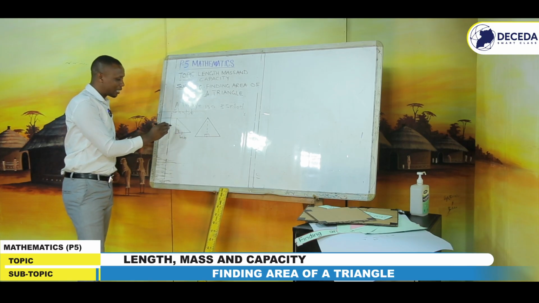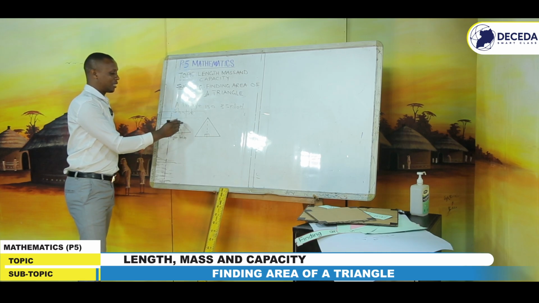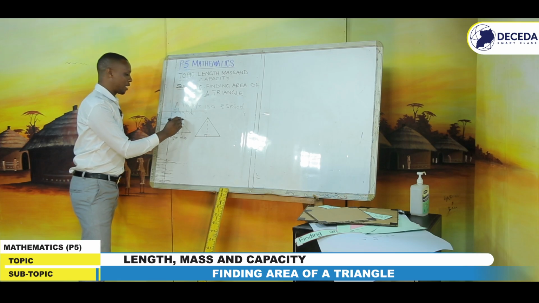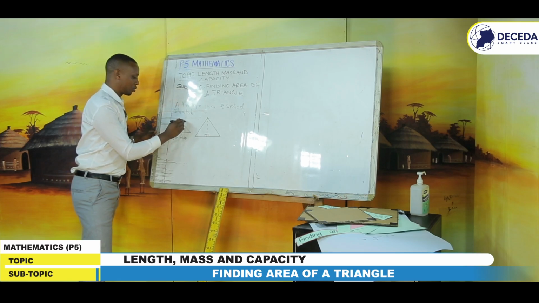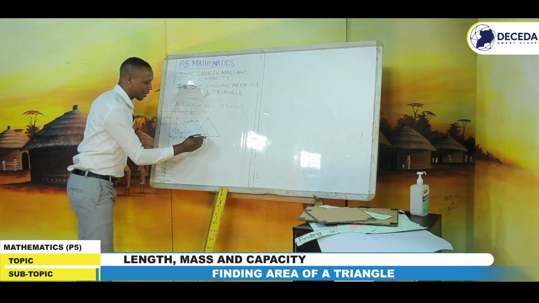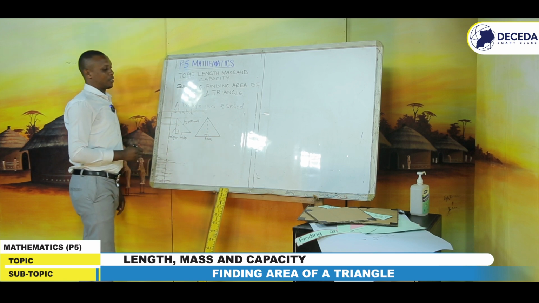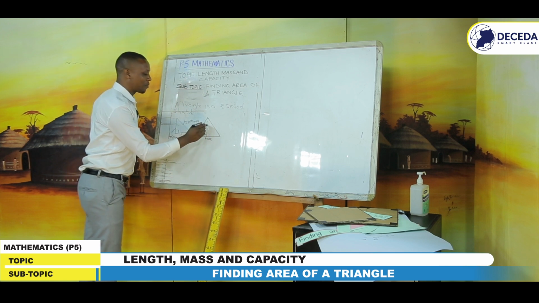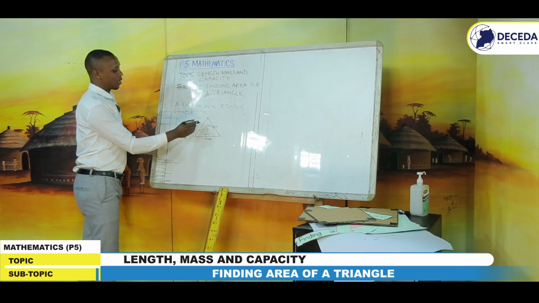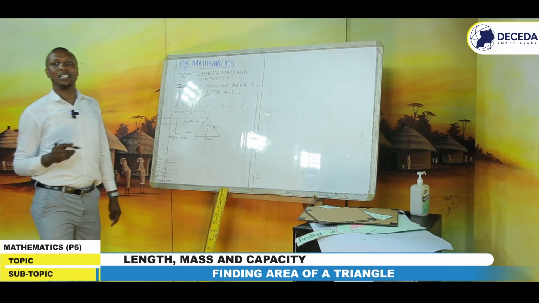This side can be termed as the height, and this side is called the hypotenuse. Likewise, when you reach here, the whole of this one can be termed as the base. Then this one can be termed as the height. Then the same applies, this one can be termed as the hypotenuse.